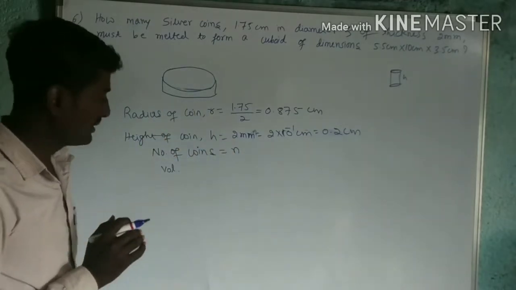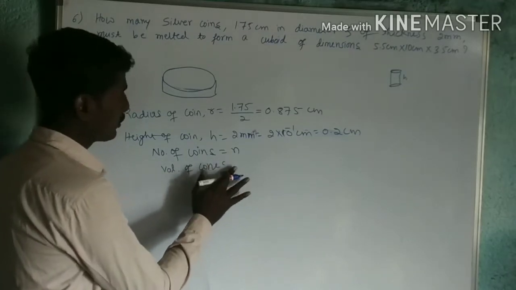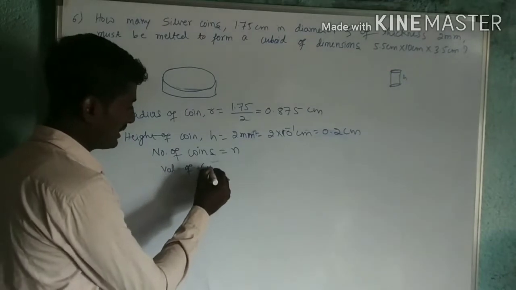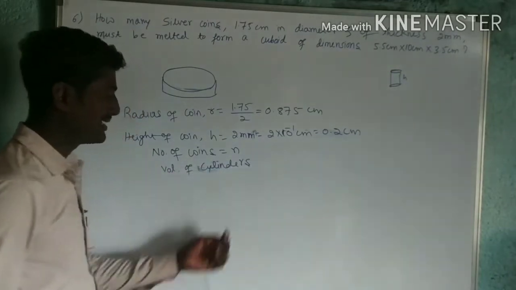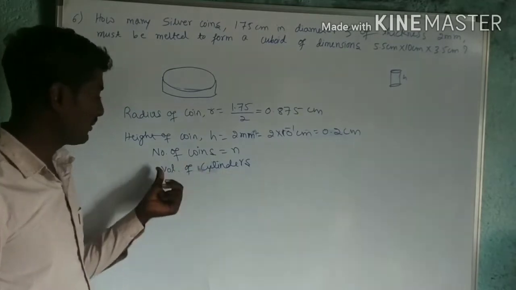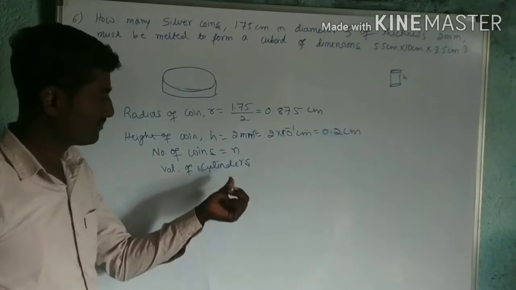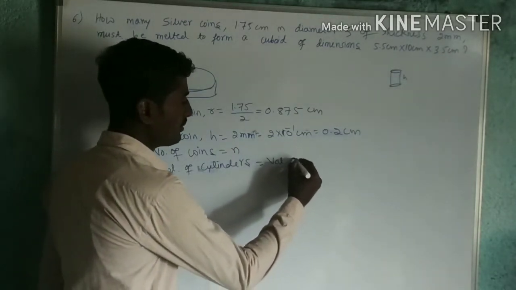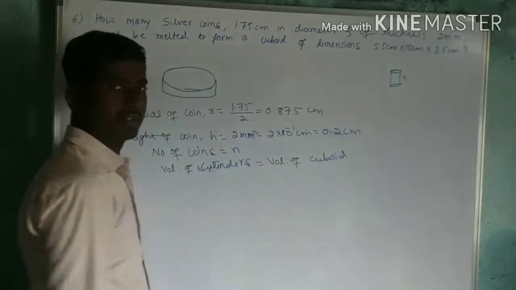Volume of cylinders, not cones, multiplied by n, is equal to the volume of the cuboid.